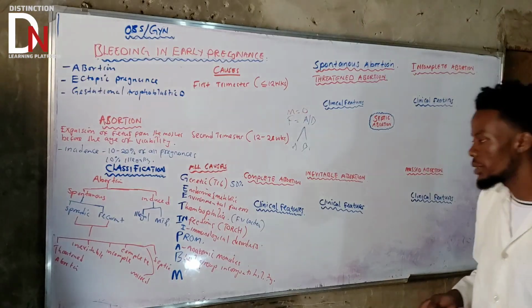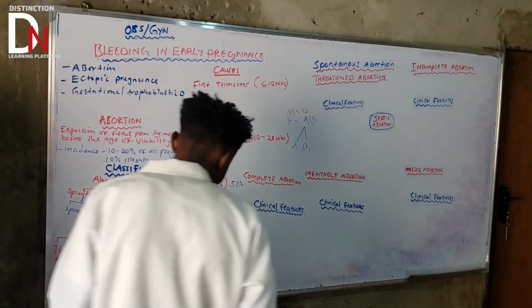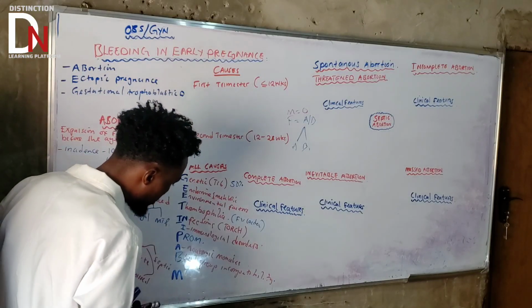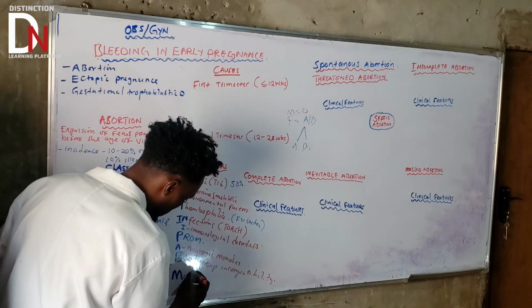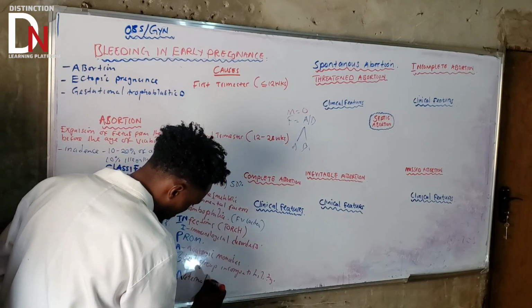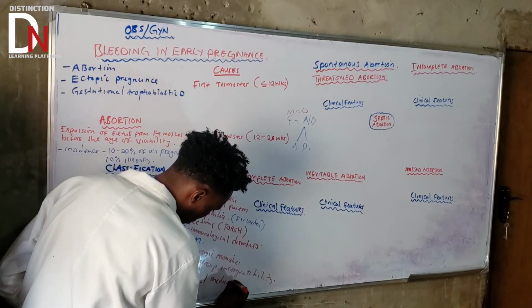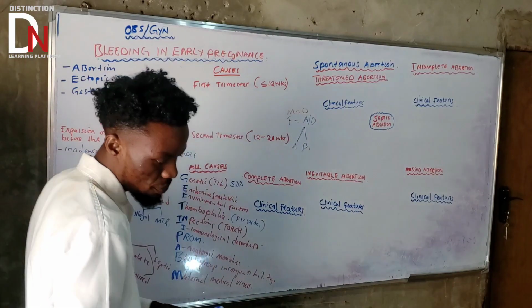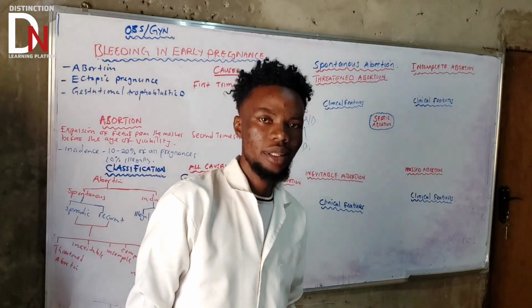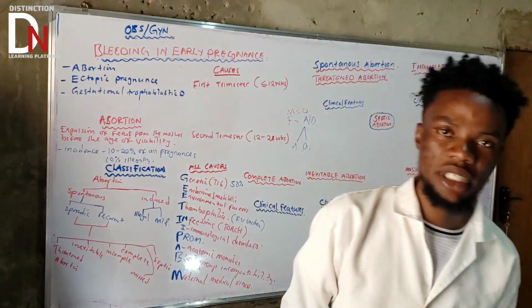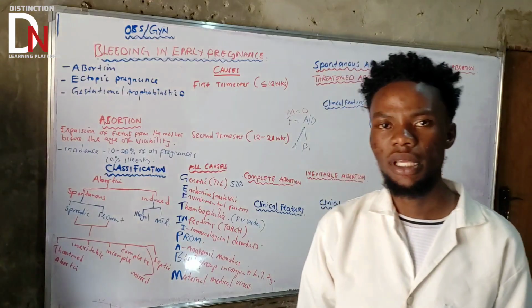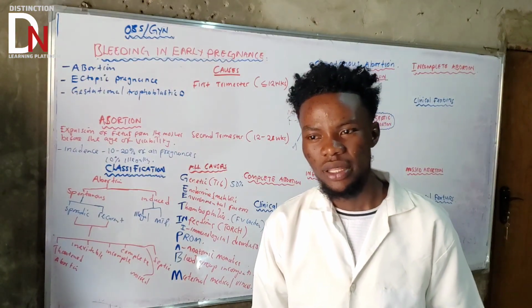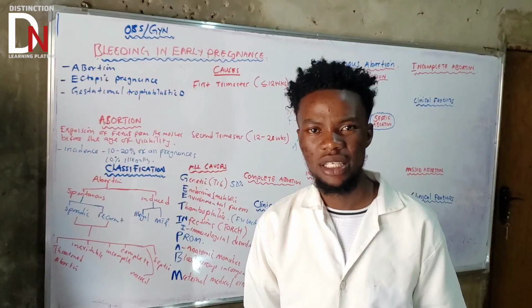The last one is M. M is maternal medical illness. Maybe the mother is having a chronic type of illness, like gestational diabetes, preeclampsia, maybe chronic hypertension, like that.